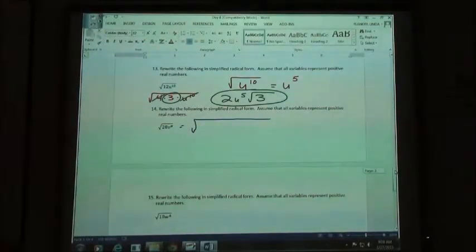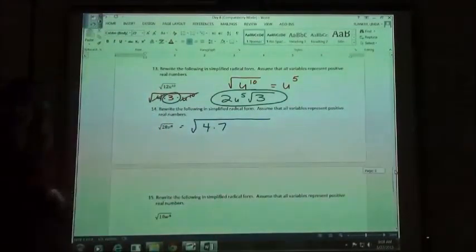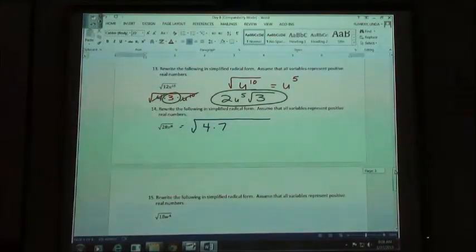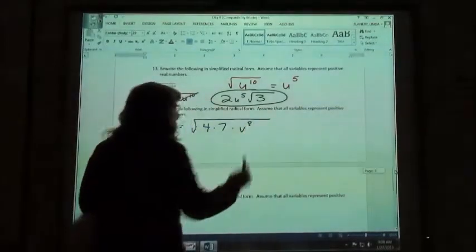I'd say 7, but 7 is not a perfect square. No. 4 then. Yes, 4 is what we want to use. The 7 happens to be with the 4 because 4 times 7 is 28, but 4 is our perfect square. So we have 4 times 7, and then we still have times the v to the 8th power.